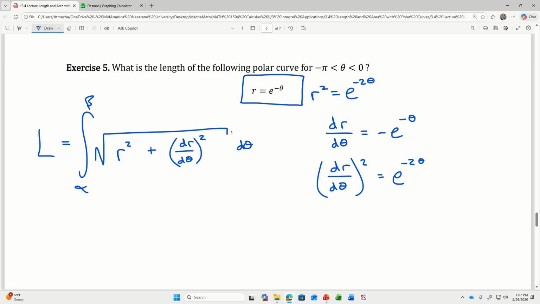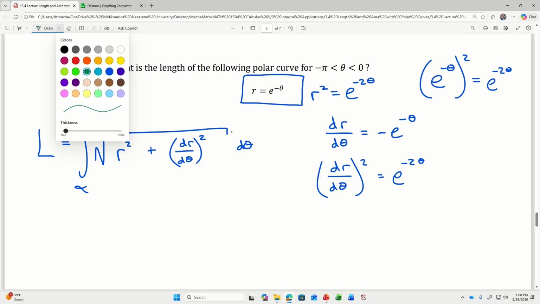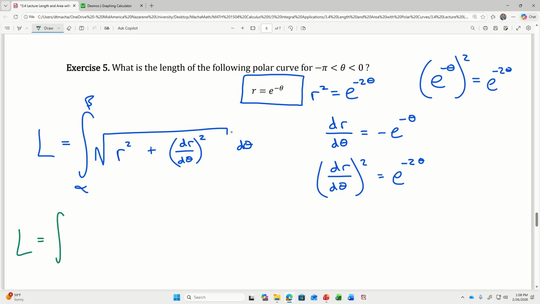And you've got to use your properties of exponents here. And then plugging that in, we'll see what it looks like. My lower bound's negative pi, my upper bound's 0. Square root of e to the negative 2 theta plus e to the negative 2 theta, d theta.